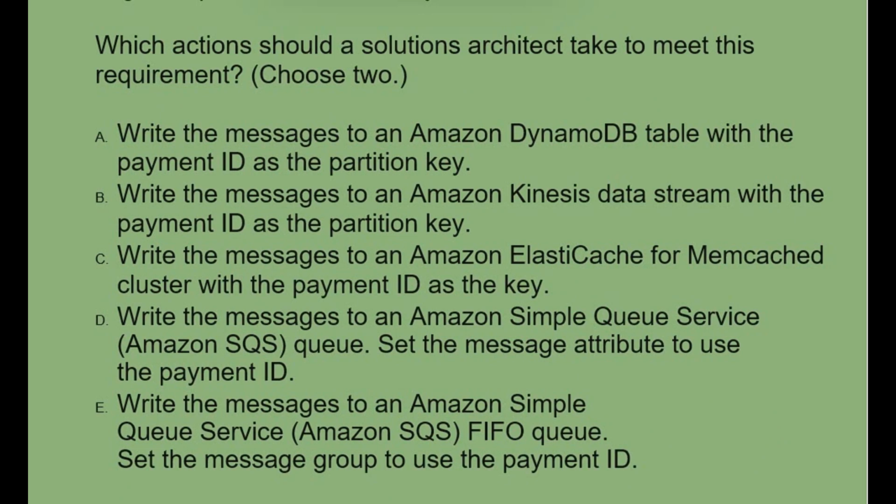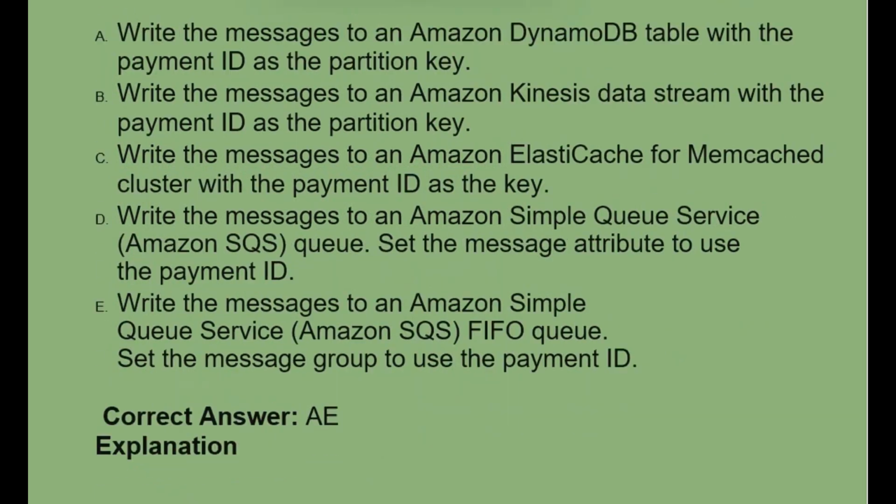Option D. Write the messages to an Amazon Simple Queue Service (Amazon SQS) queue. Set the message attribute to use the payment ID. Option E. Write the messages to an Amazon SQS FIFO queue. Set the message group to use the payment ID. Correct answer is option A and option E.